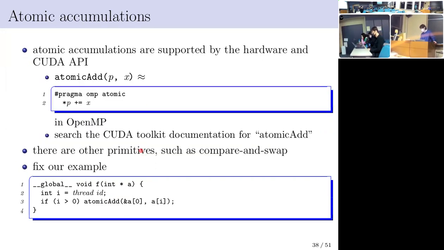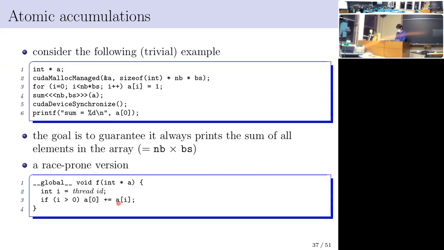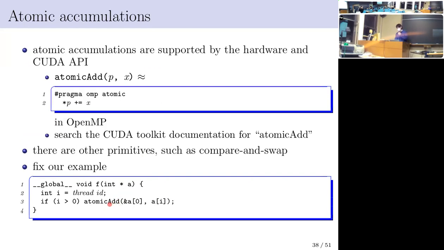So the way you can fix it is very simple. You simply call this atomic add instead of straightforwardly doing something like this. So this atomic add guarantees that this addition becomes atomic. So this is quite similar to what you have in OMP atomic, right?